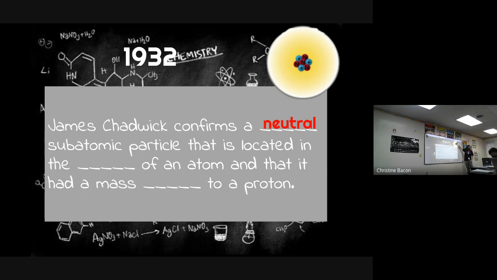There's something else in here. And he discovered that there was a neutrally charged particle in there called a neutron, located in the nucleus, and it had a mass equal to that of a proton. Okay? And different isotopes of an atom will have different numbers of neutrons in them. We learned that yesterday. Okay, so that was James Chadwick. James Chadwick equals neutrons.